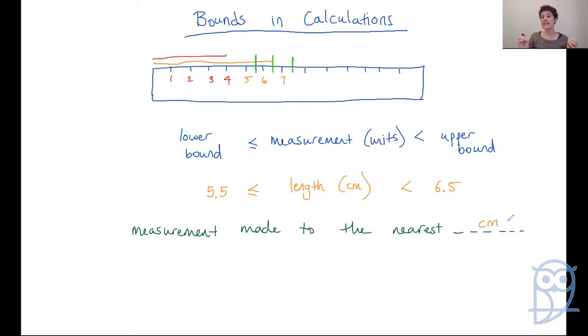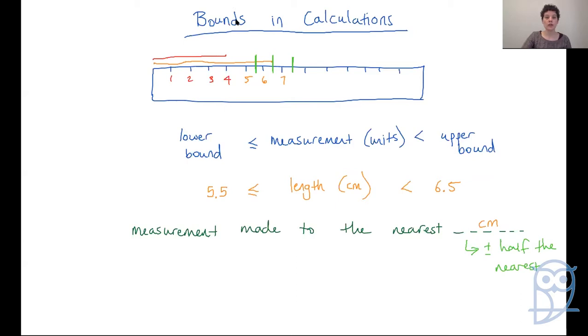But we've got this phrase in our question that says to the nearest something, and that something is a really important piece, because in order to calculate our upper and lower bound, we take this nearest something and go plus or minus half the nearest. So plus or minus half a centimeter got us our 5.5 and our 6.5. If we were measuring to the nearest hour, we'd be going plus or minus half an hour. We're always getting that plus or minus half of our nearest measurement.